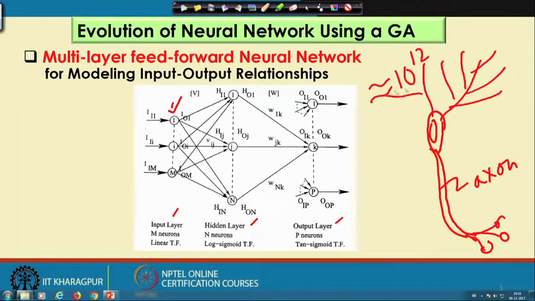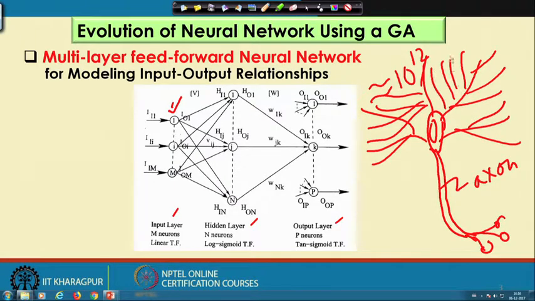So, we have got a large number of dendrites, and these are all thin fibers. With the help of these dendrites, this neuron is going to collect information from the neighboring neurons. All the collected information will be summed up here in this particular cell body.